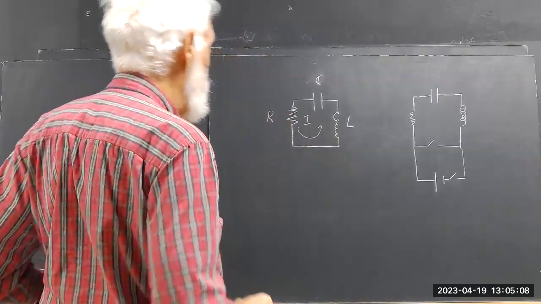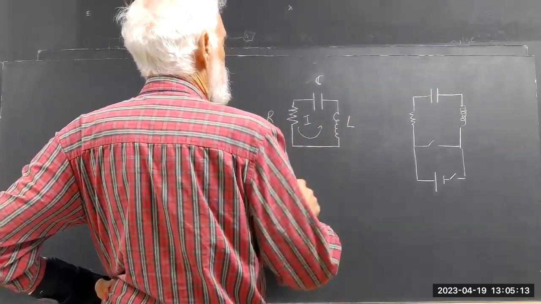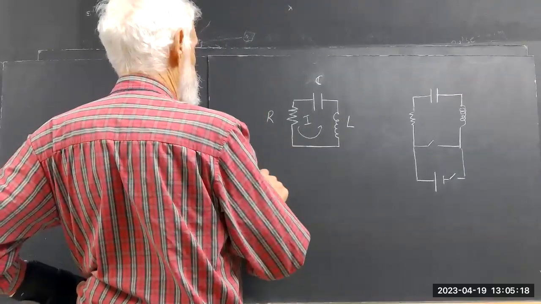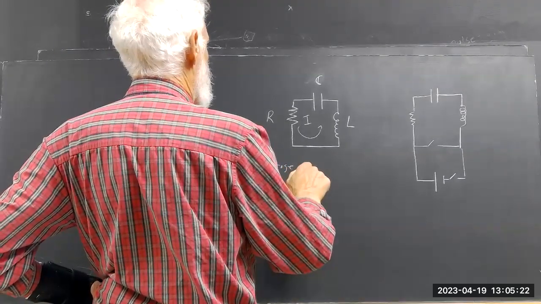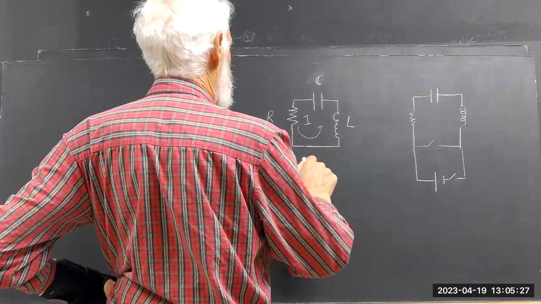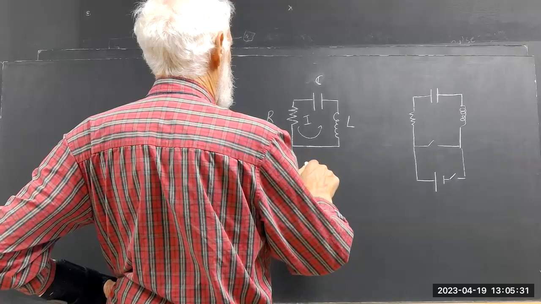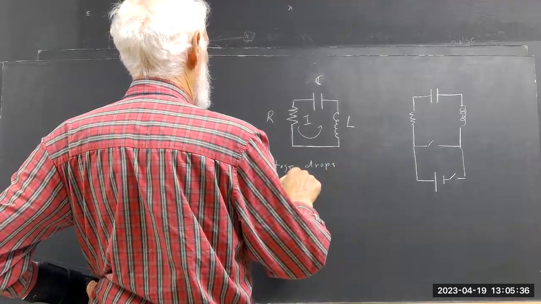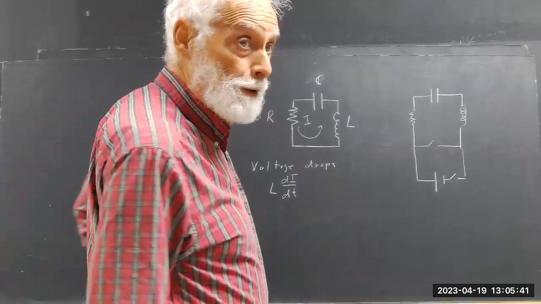If the current is I, then the voltage drop across the inductor is L dI/dt, right?